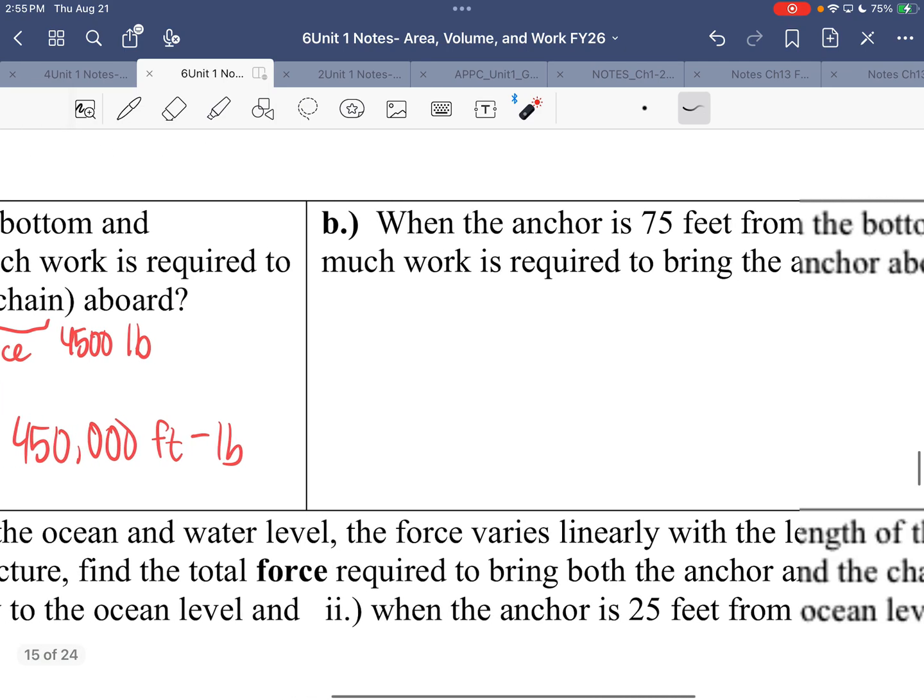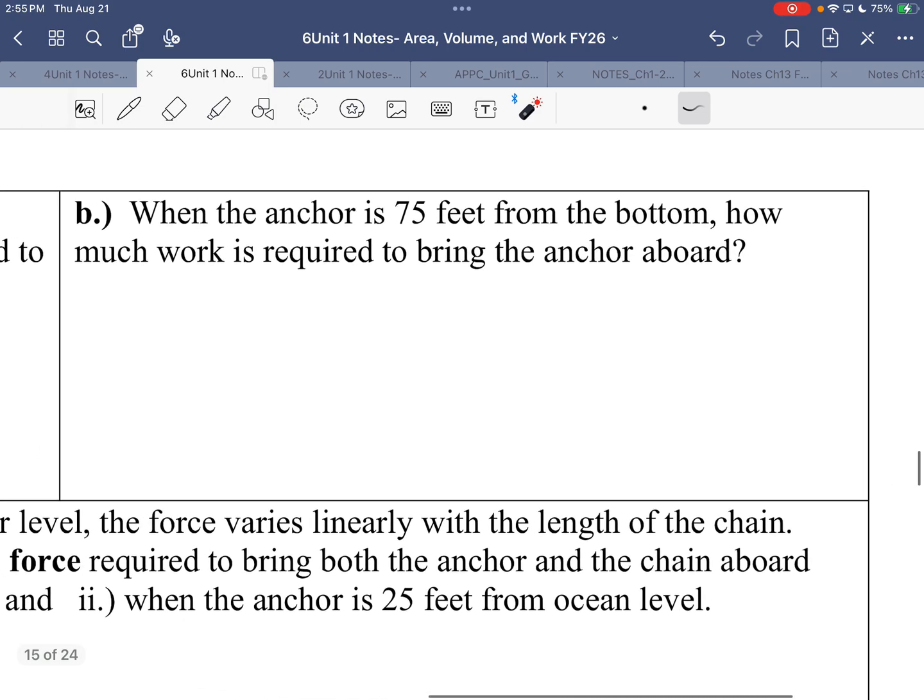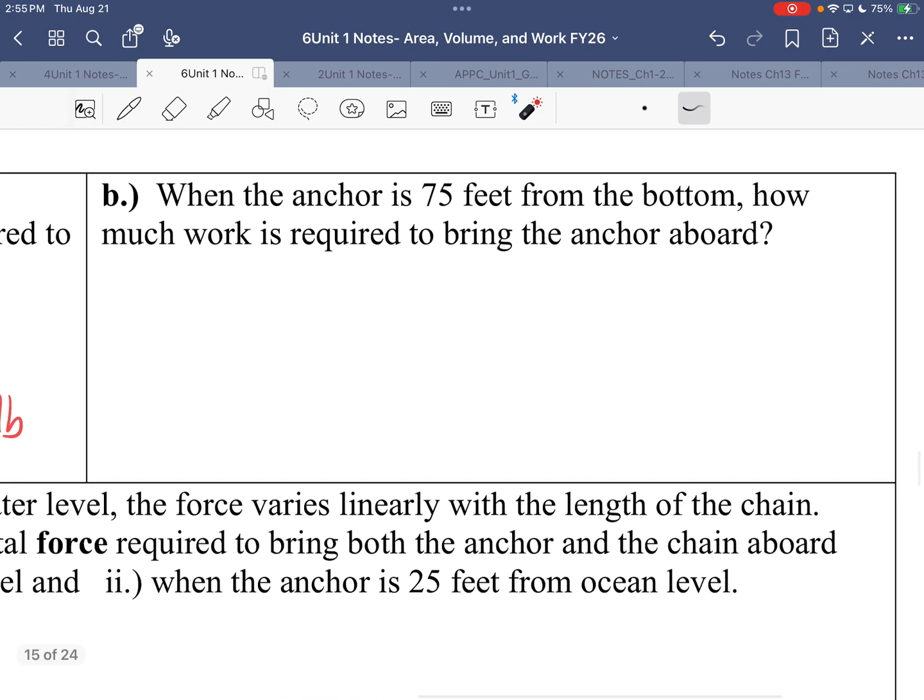All right, so now looking at B. When the anchor is 45 feet from the bottom, how much work? And again, it's just hanging 45 feet from the bottom.